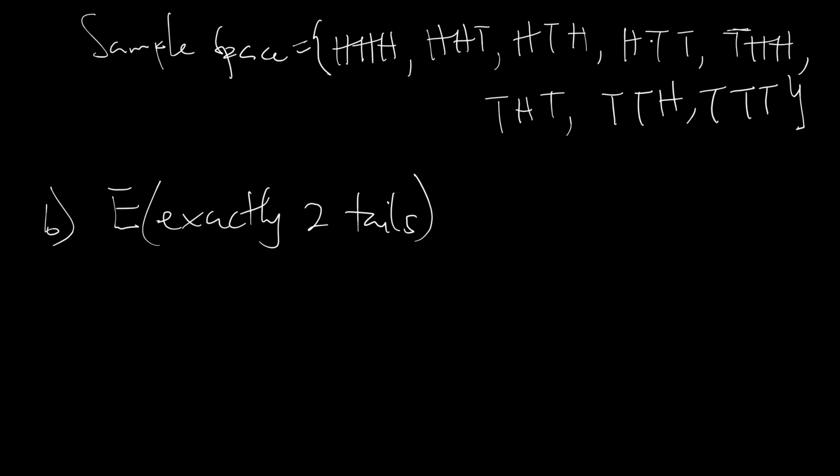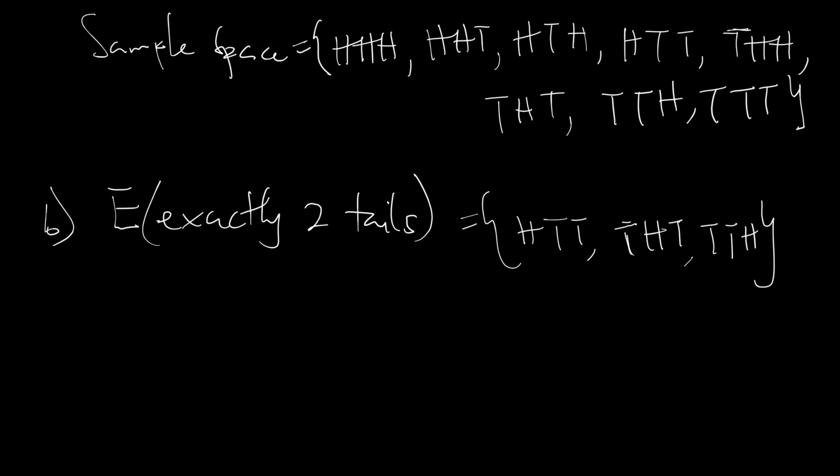So here we have 2 tails, here we have 2 tails, here we have 2 tails, here we have 3 tails. We don't want this. So exactly 2 tails will be head, tail, tail; tail, head, tail; tail, tail, head. So that will be all.